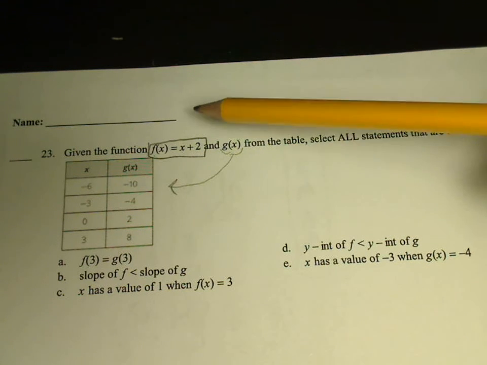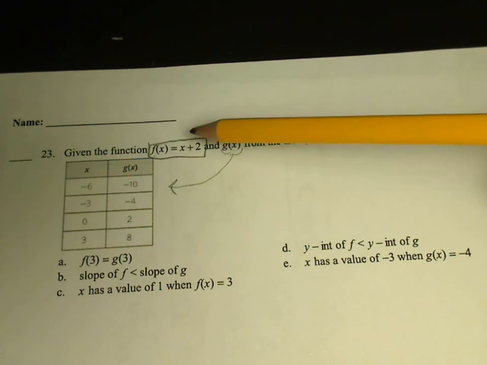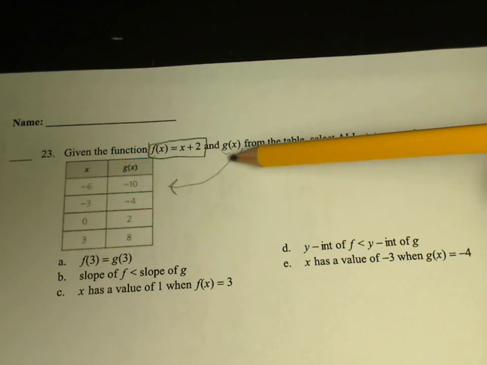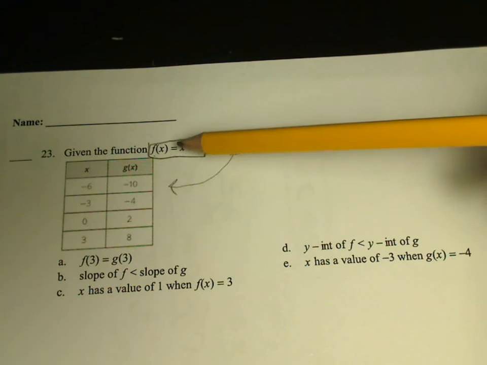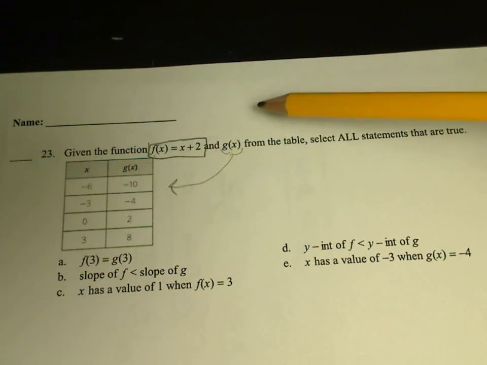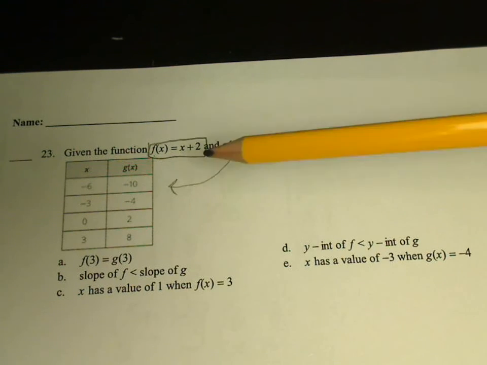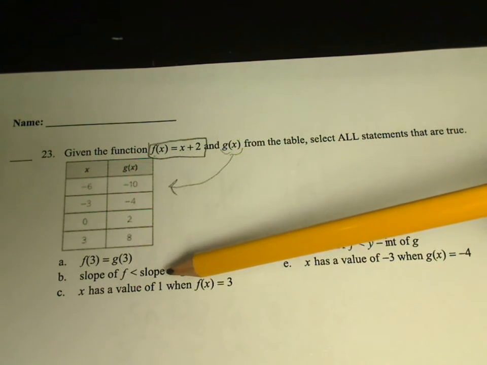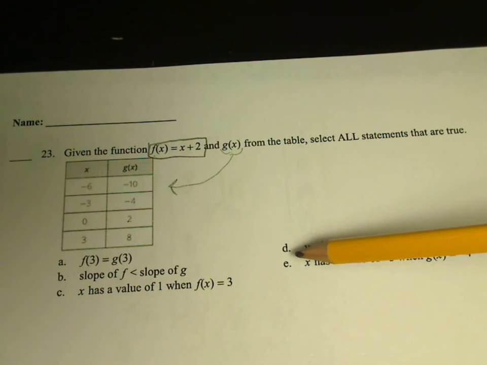Okay. I personally want to make my f of x and my g of x in the same form. I don't want one to be an equation and one to be a table if I'm going to have to compare if they're equal, their slopes, and all of this stuff.